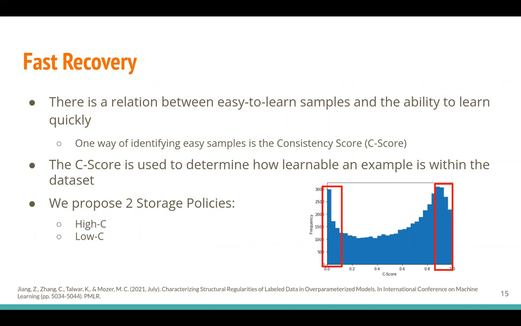On the other hand, if we select the low consistency elements, we select only the lowest 100 elements. So we expect that by using this selection of elements, we can learn faster and recover faster when we lose performance in continual learning scenarios.